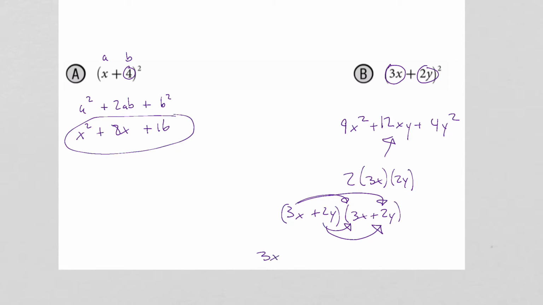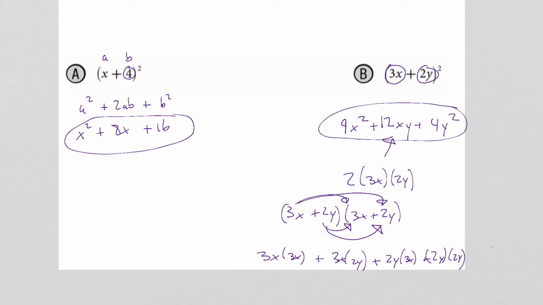Or 3x times 3x plus 3x times 2y plus 2y times 3x plus 2y times 2y, and then multiplying that all out, combining and gathering all your like terms, and still getting this. So this formula definitely saves us time. And if you're a mathematician, you're all about learning ways to do more in less time. Shortcuts, and this is a major shortcut.